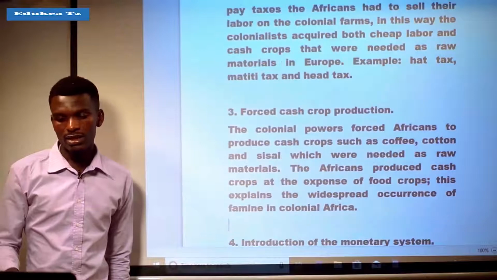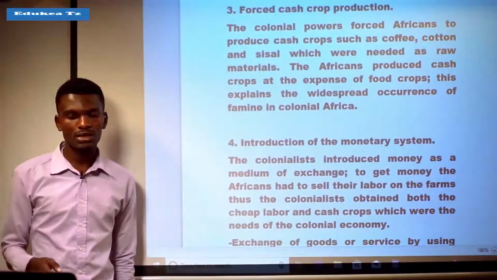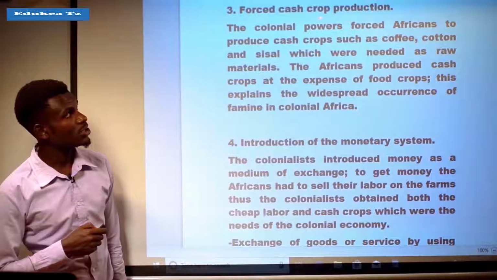Let us see the third element which was created, which is forced cash crop production.